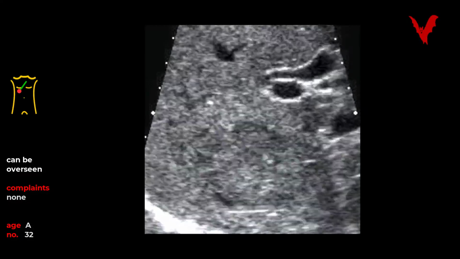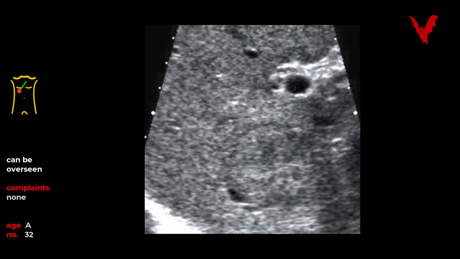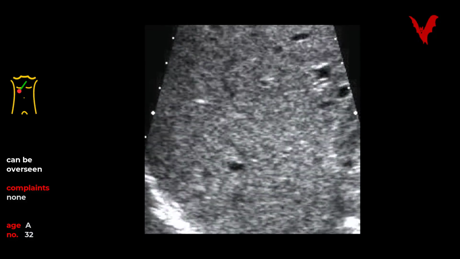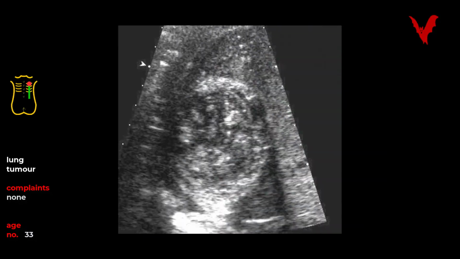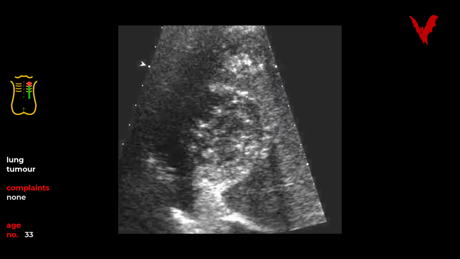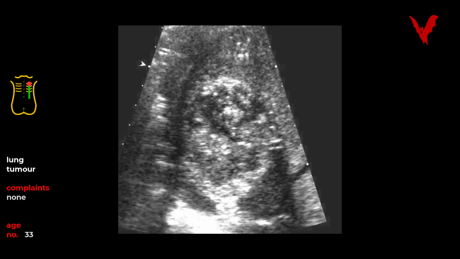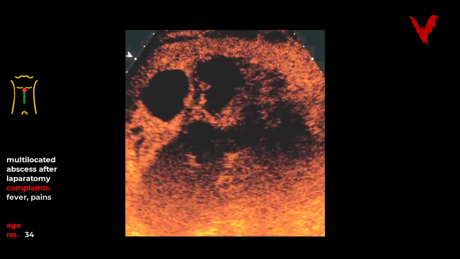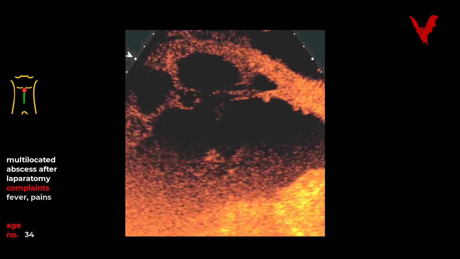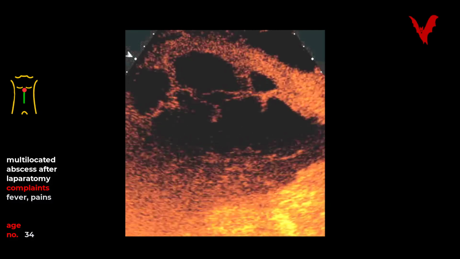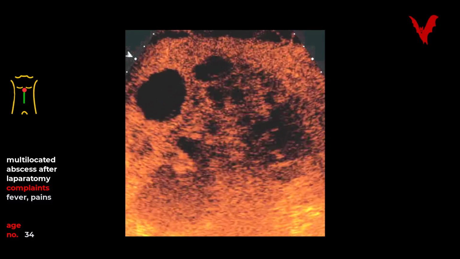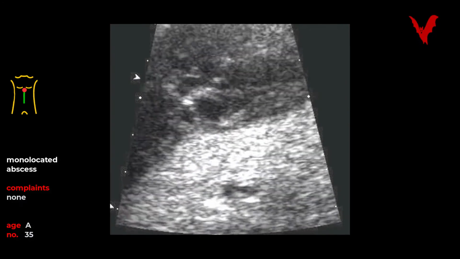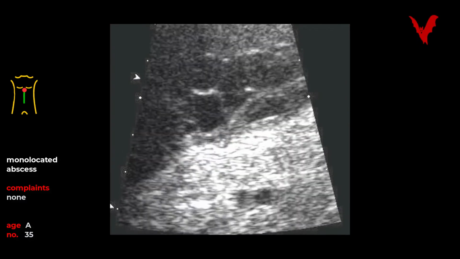In figure 32, a hidden metastasis, as it is nearly isoechoic to the surrounding. In 33, you find a vividly perfused lung tumor, and in figure 34, a huge multiloculated post-operative liver abscess. This other abscess had to be punctured repeatedly.